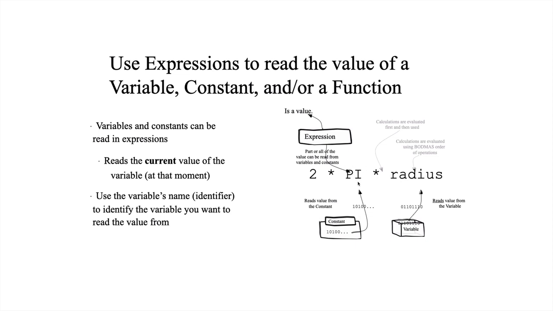Radius and pi are a variable or a constant which has some value stored in it. So when you multiply 2 with pi, it is not going to multiply with the name pi, but it will use the value stored in pi. Similarly, with the radius, when you multiply pi with radius, it will multiply with the value stored in it.